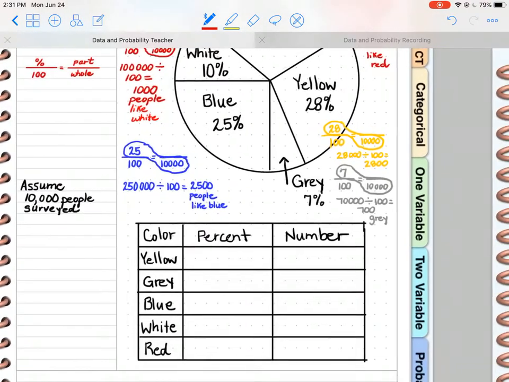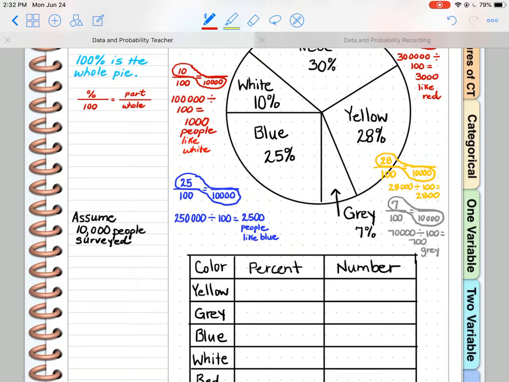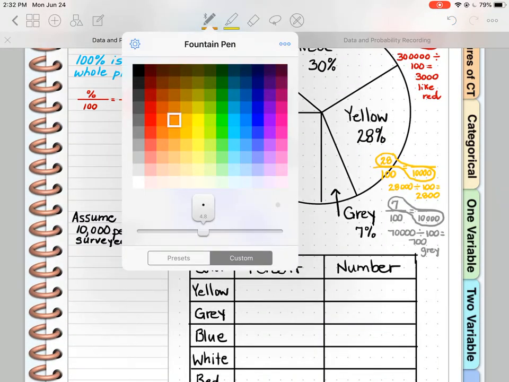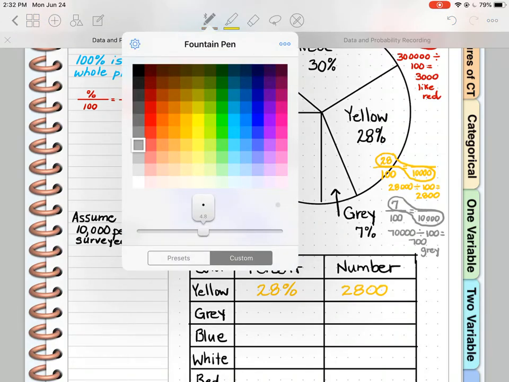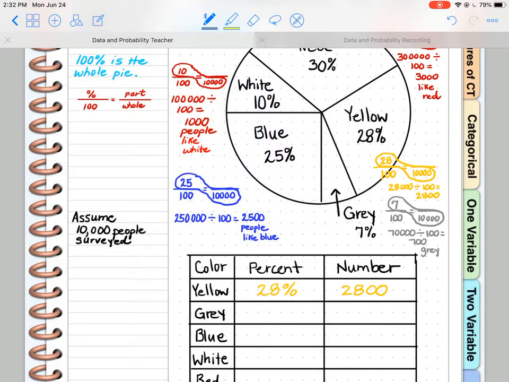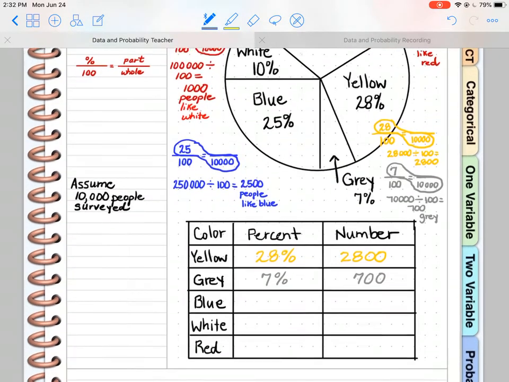So let's fill in our table down here at the bottom. The yellow folks, the percent was 28%, and the number was 2,800 people. So on these phone calls, 2,800 people said I like yellow. On the gray, I had 7%, or 700 people liked gray cars.